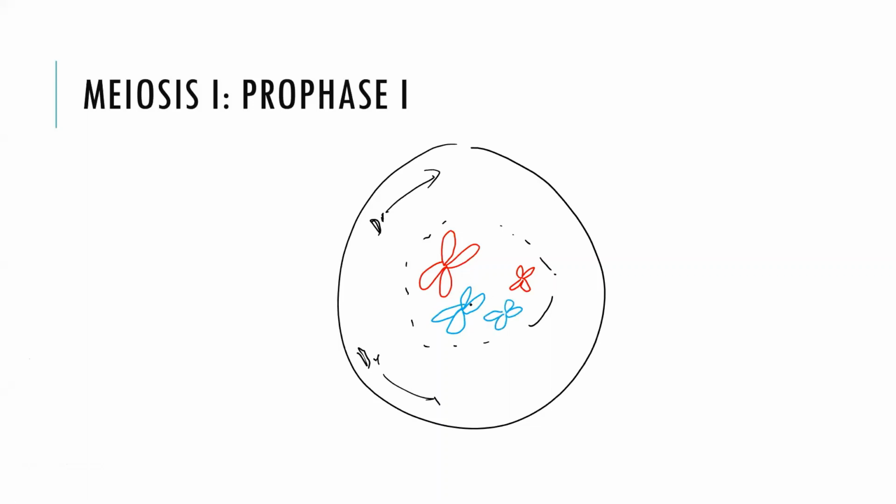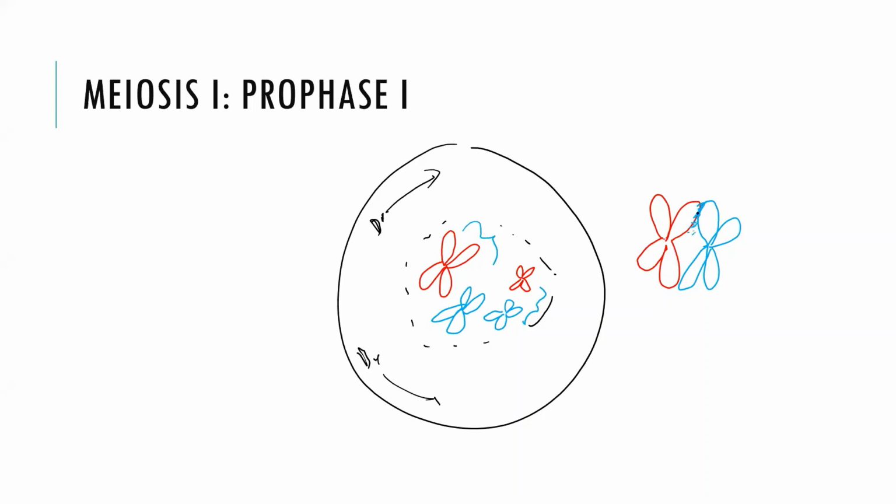So during prophase 1 of meiosis, the homologous chromosomes come together. These two and these two come together. So the maternal chromosomes and the paternal chromosomes, which code for the same genetic material, come together and form complexes like this.